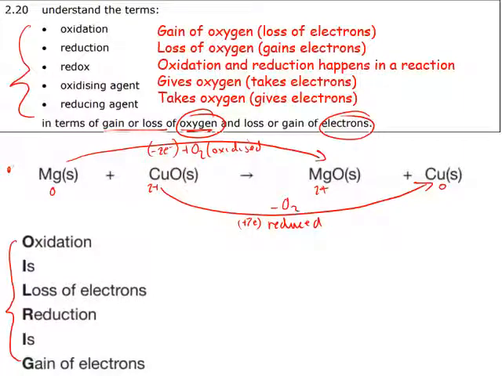It's an easy way to remember oxidation and reduction in terms of electrons. Now this reaction is a metal plus metal oxide. This is a displacement reaction, or a competition reaction, whatever you like to call it, but we'll see this a bit later on as well.